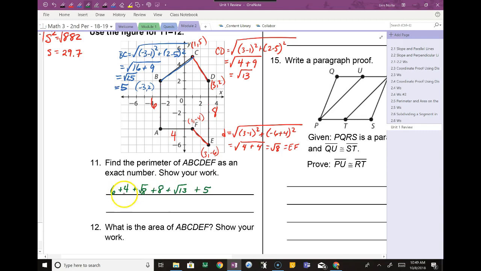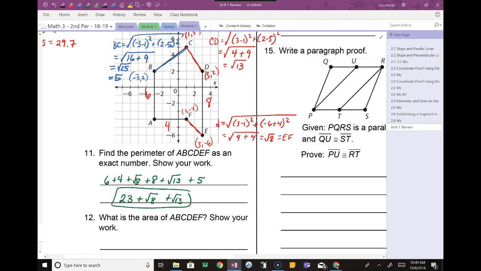So 4 plus 6 is 10. 10 plus 8 is 18. 18 plus 5 is 23. So we'll have 23. And then my two radicals are their own term. You just can't add them together. So you just leave them as those. So then you just circle your answer. That's kind of a nice answer.